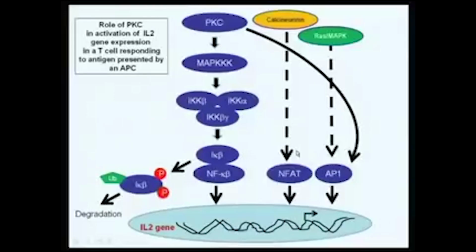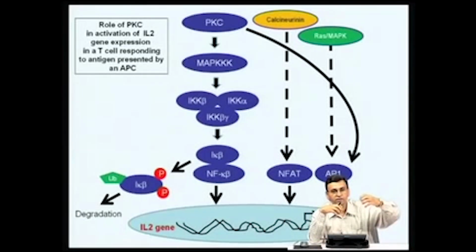Now, let us try to understand another example of how protein kinase C is involved in the regulation of various T cell functions. Here is a cartoon that I have drawn to show how protein kinase C plays a very important role in the synthesis of cytokines like interleukin 2 following the binding of the antigen presenting cell to the T cell receptor.